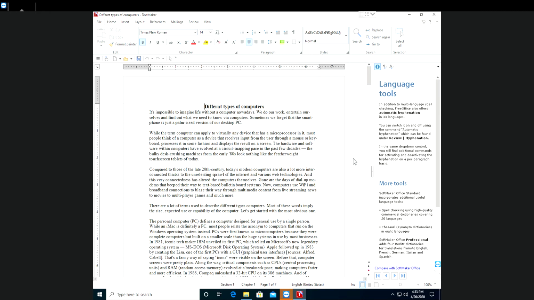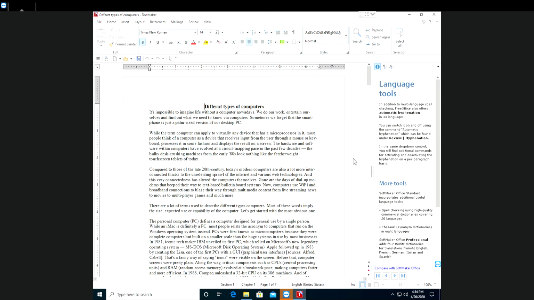Compared to those of the late 20th century, today's modern computers are also a lot more interconnected, thanks to the unrelenting sprawl of the internet and various web technologies, and this very connectedness has altered the computers themselves. Gone are the days of dial-up modems that beat their way to text-based bulletin board systems. Now computers use Wi-Fi and broadband connections to blaze their way through multimedia content, from live streaming news to movies to multiplayer games and much more.